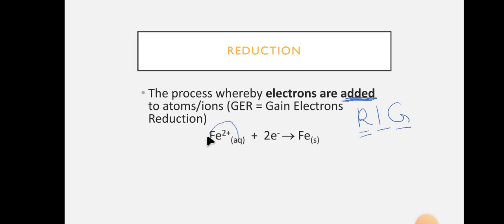So when we're looking at this iron with a positive 2 charge, it is going to gain 2 electrons to become iron solid. If I just compare Fe2 positive to Fe solid, it went from a positive 2 charge to a neutral charge of 0. So to do that, you have to add in 2 negative.